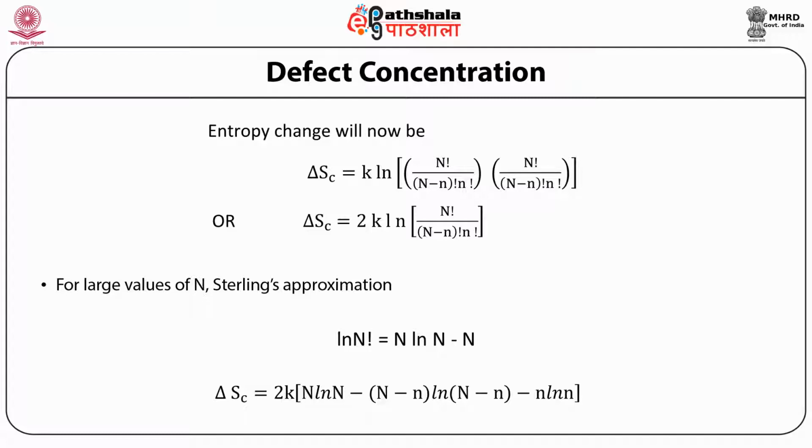So N ln N minus (N minus n) ln (N minus n) minus n ln n bracket close.